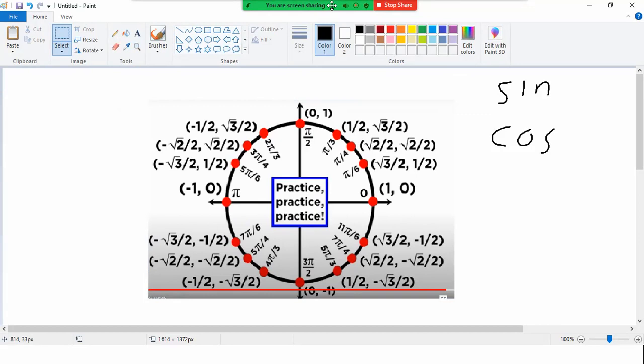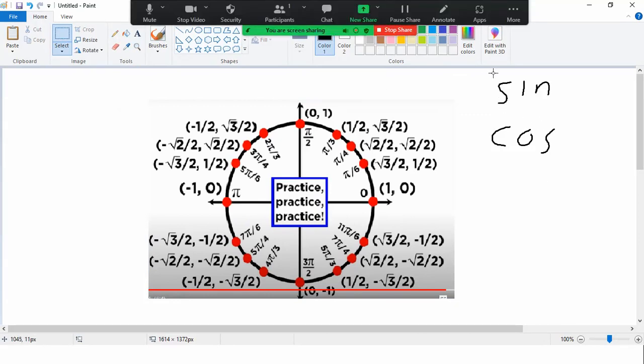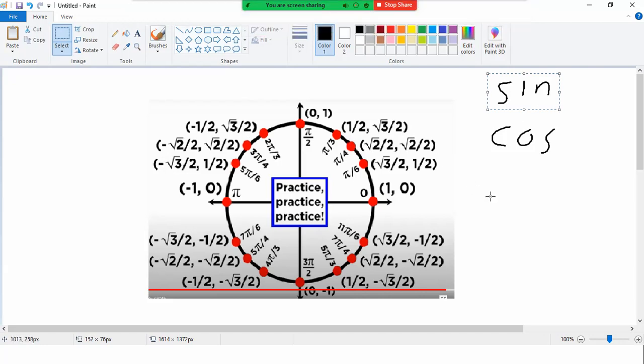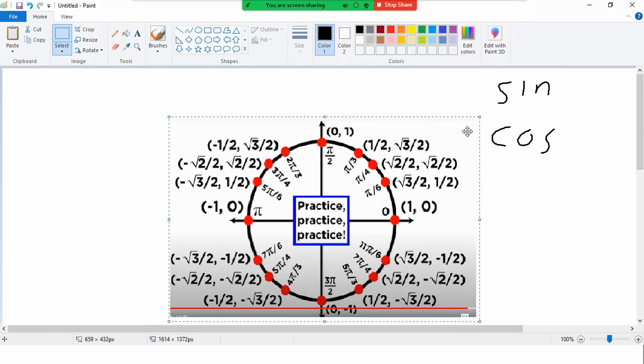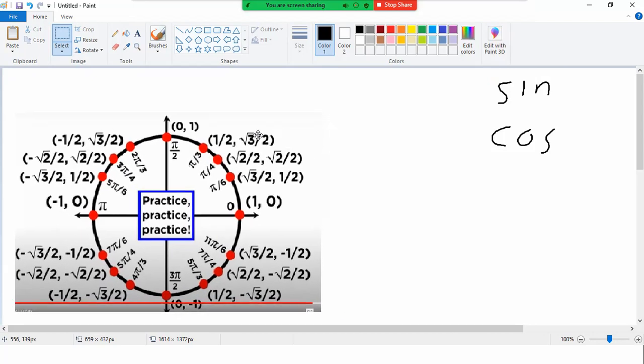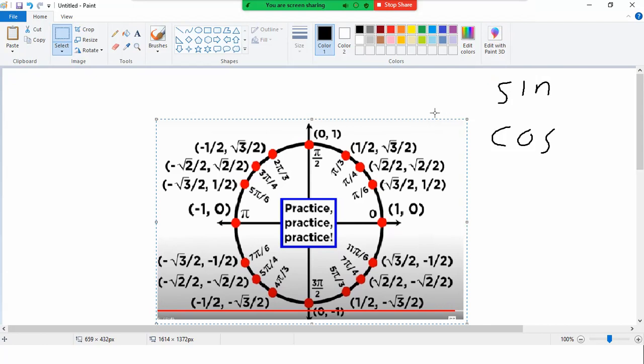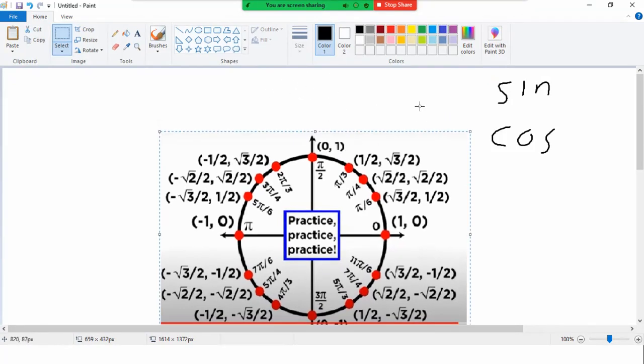All right, so if I take sine, if I take the unit circle, and if I draw out a circle like this one here, and then on top of the circle put sine and cosine like this.